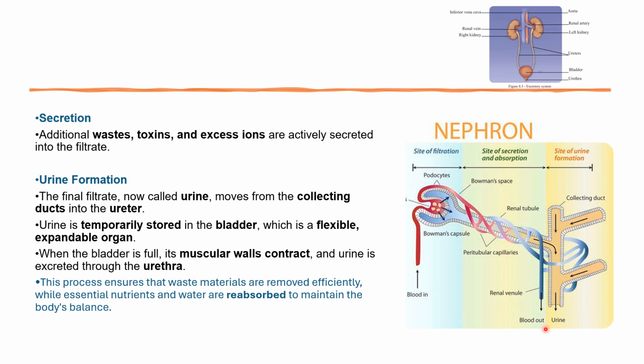That's basically what happens in urine formation. This process ensures that waste materials are removed efficiently from the body, while at the same time essential nutrients and water are reabsorbed into the body in order to maintain the fluid balance.